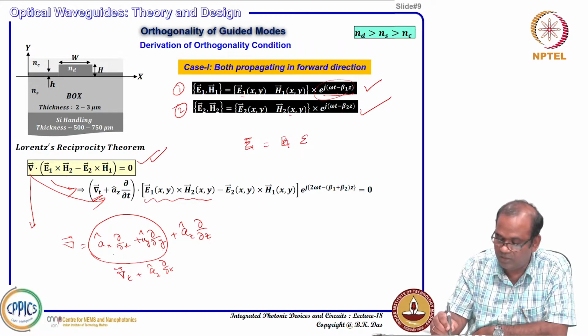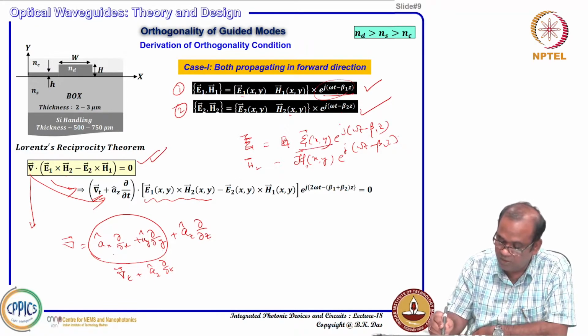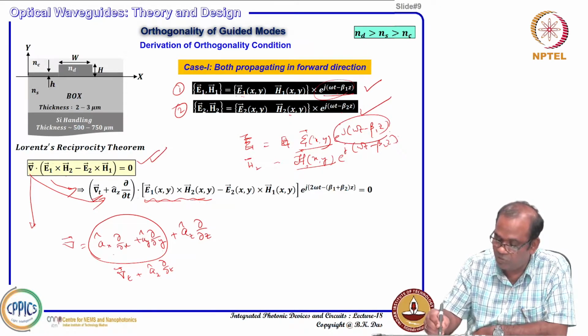And when I am writing here E1 xy e to the power j omega t minus beta 1 z, and H2 I will be writing H2 xy e to the power j omega t minus beta 2 z. So E1 H2 means E1 xy H2 xy, and if you multiply, e to the power j 2 omega t minus beta 1 plus beta 2 z. So that is the thing.